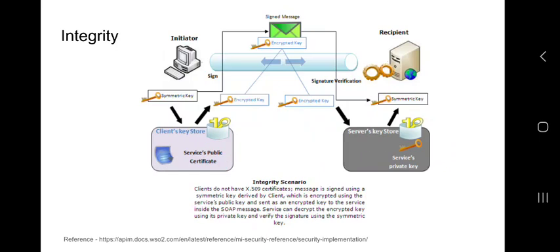Moving on to the next section, which is the integrity. Integrity is about, let's say in a real world scenario, you have a document, and you need to make sure that document had not been tampered along the way. That means you sign a message, you sign some document.